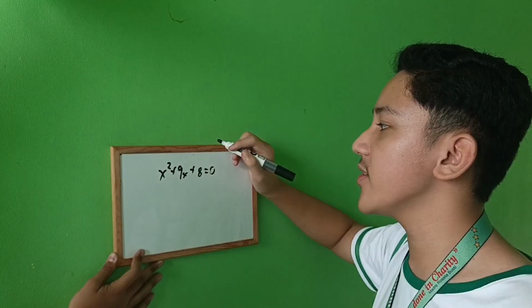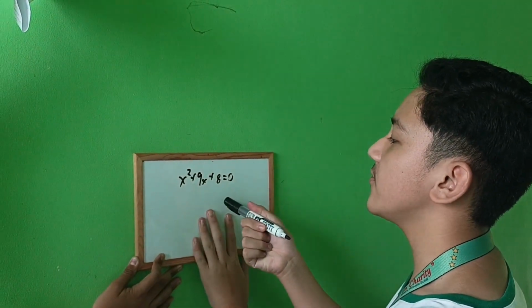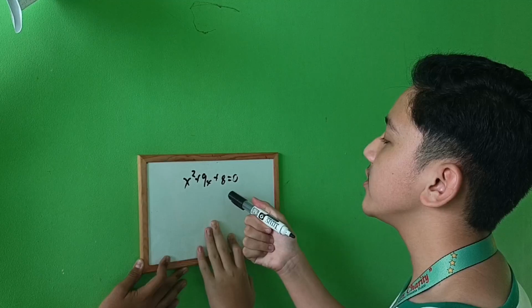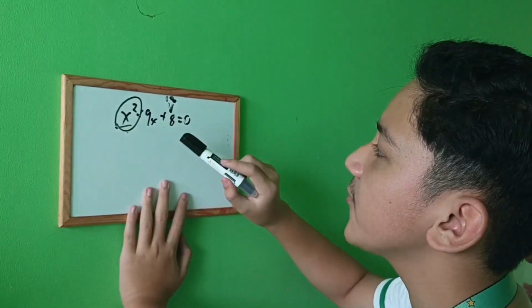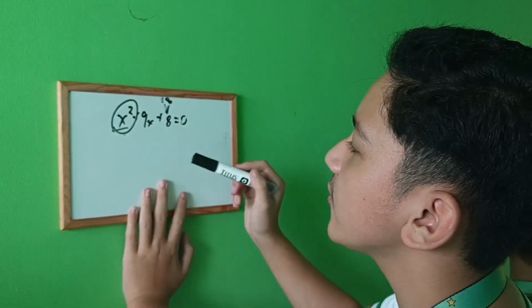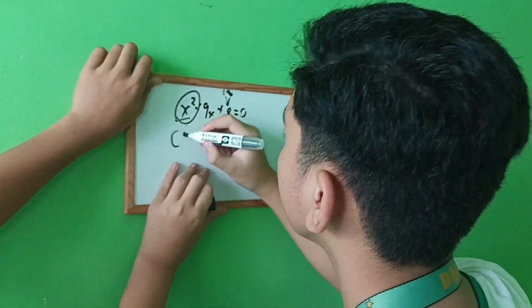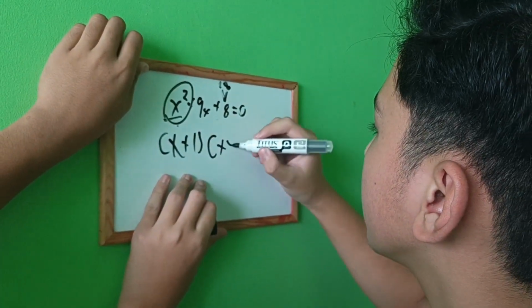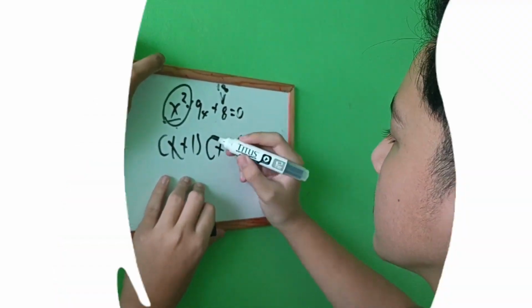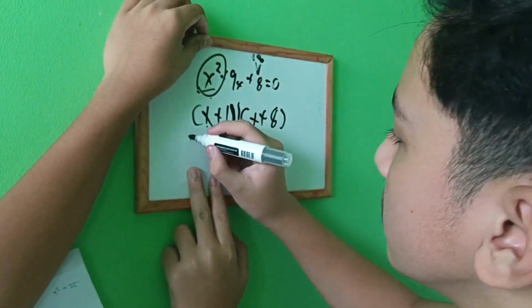So this is our second method, factoring. This is our example for factoring. In order to solve this, we have to find two numbers that can be added to 9 and multiplied to 8. After finding the two numbers, we have to factor the equation. After that, we set each factor to 0.